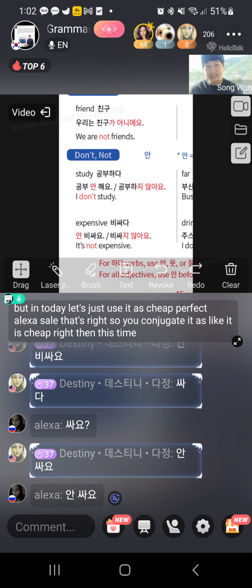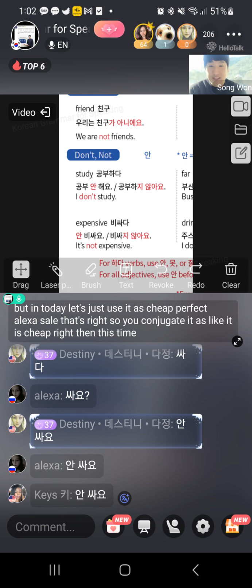Perfect. You got it right, Alexa. 안 싸요. Perfect. 안 싸요. Right. So then you can make a sentence. It's not expensive. It's not cheap. Any adjectives. She's not tall. He's not fat. We are not stupid. Everything, right? Okay.